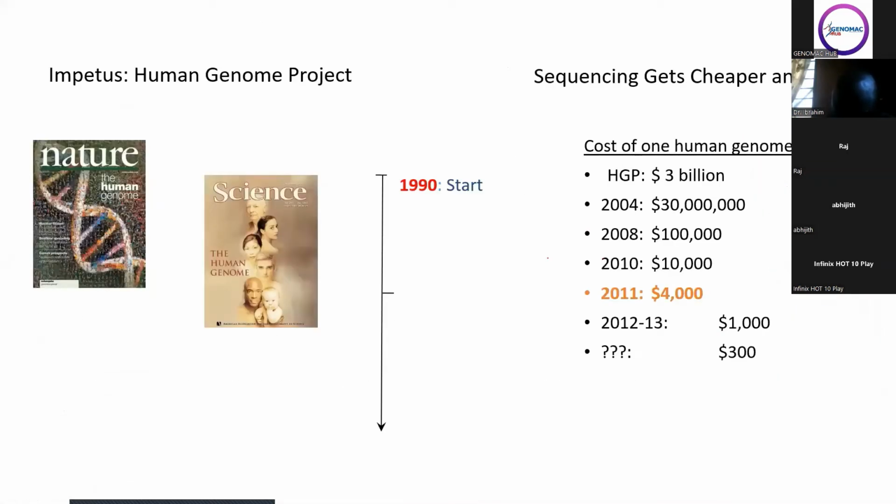So what is the input of the Human Genome Project? It started in 1990. In 2001, the draft genome came up. Day by day, the sequencing technology advanced. The cost of one human genome when initiated was 3 billion. In 2000 it became 300K, in 2008 it became 100K, in 2010 it became 10,000, in 2011 it became 4,000, and in 2012 to 2013 it became 1,000.